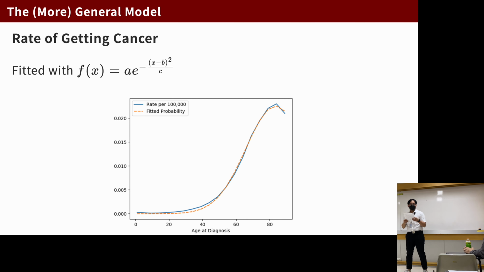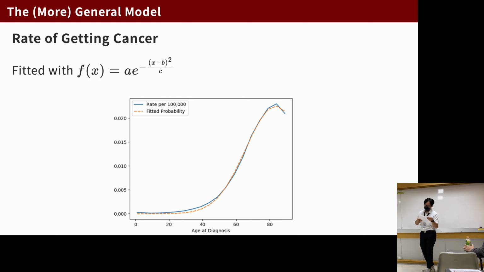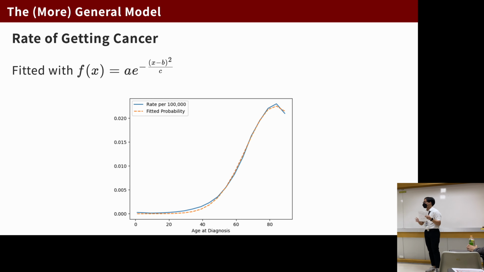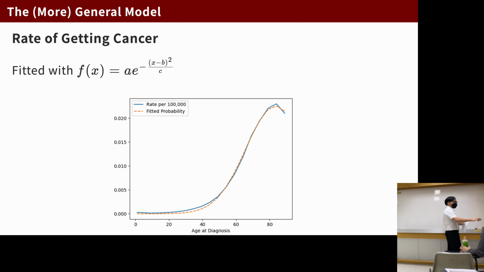I got that from ChatGPT, but I simplified it a little bit. And the data that I took is from the SEER program from the National Institutes of Health. So it's based off only Americans, which is probably not the most representative of us here. But it's the only one that I can find, and this is the fit that I got from it.